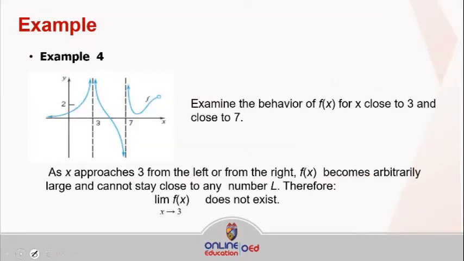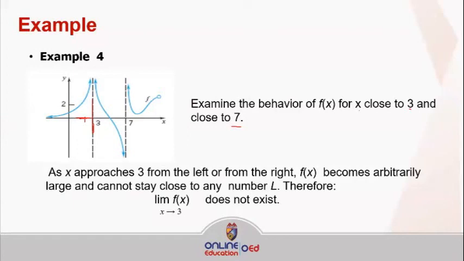Ito naman, yung next natin na example. We have yung e-examine natin, the behavior of f of x close to 3 and close to 7. So for example, ang hinahanap natin is itong 3. Ito yung line natin ng 3, di ba? So dito sa 3, ang kukunin natin is left hand side, yung less than 3, yung negative natin. For example, we have yung value natin is 2.